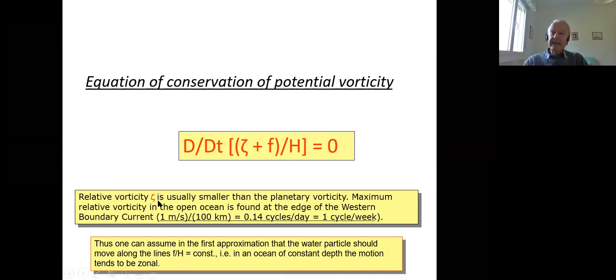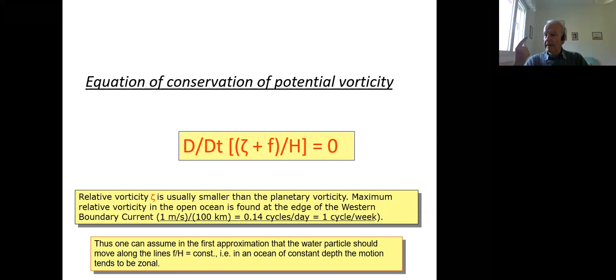And relative vorticity is usually smaller than the planetary vorticity, because dv/dx or du/dy are usually small.